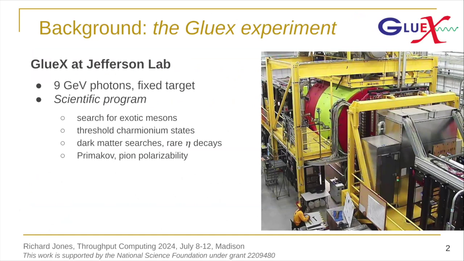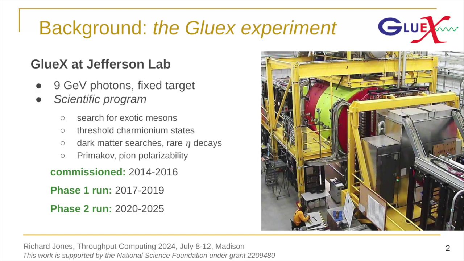And our scientific program is a mix of heavy quark and light quark spectroscopy. We were commissioned with the 12 GeV beam upgrade at Jefferson Lab that came online in 2014. Our first physics run ended in 2019. The second run is just ending now. And right this week, there's a program advisory committee proposal for phase 3 that's now pending.